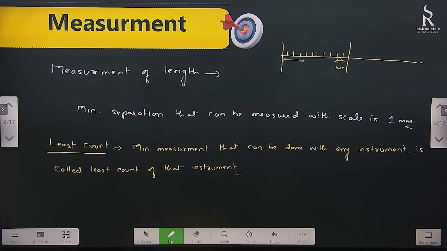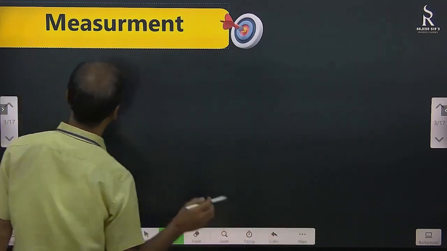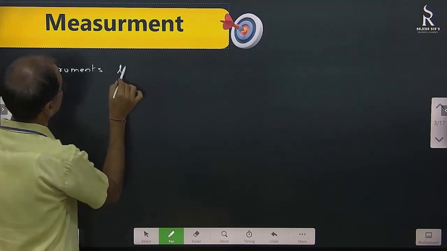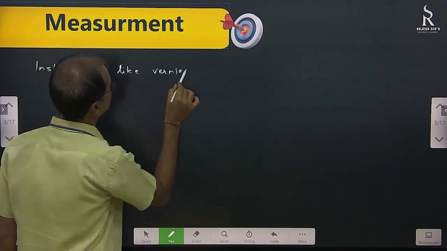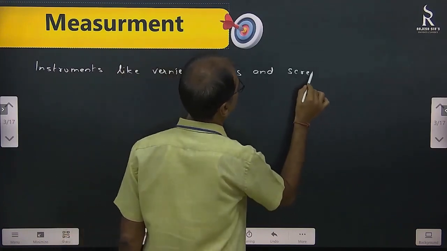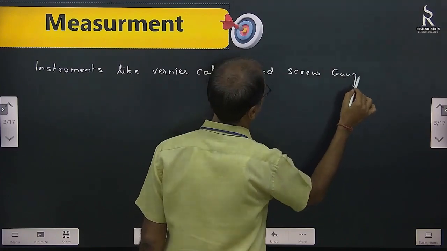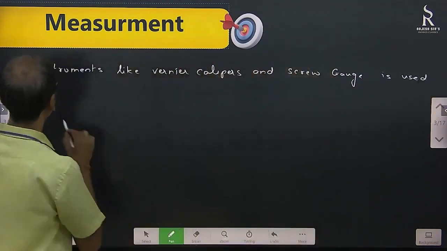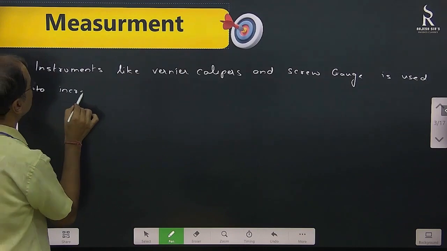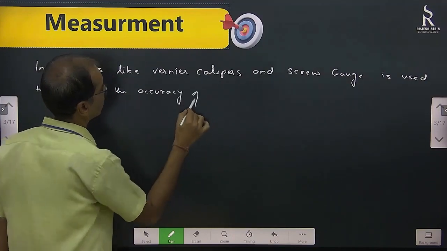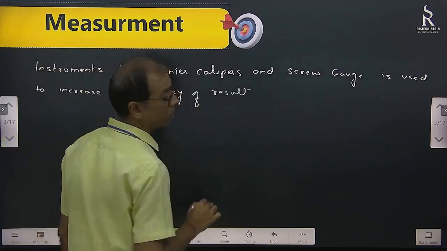Done? Okay. So instruments like Vernier calipers and screw gauge are used to increase the accuracy of the result.